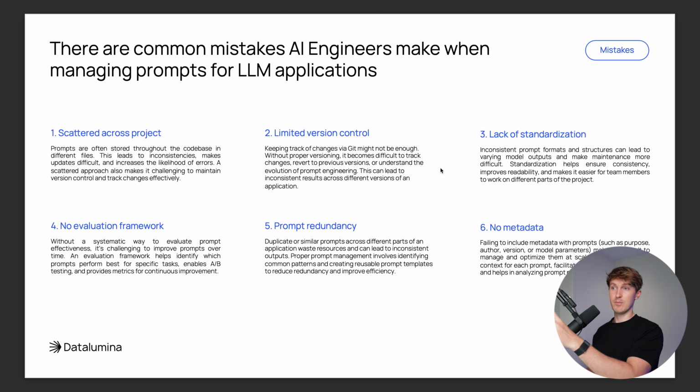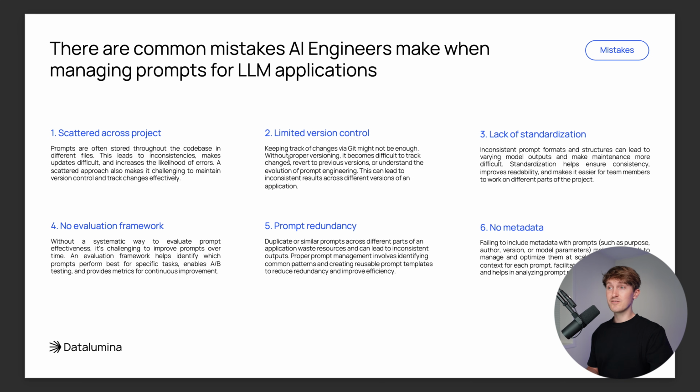And in there is a prompt. And then in another file, you have another prompt. And then somewhere else, for a different use case based on some if-else logic, you have another prompt over there. Everything is scattered. So now when you come in or a team member comes in and you want to change something, you really have to dig. So where is that prompt and what is it affecting?